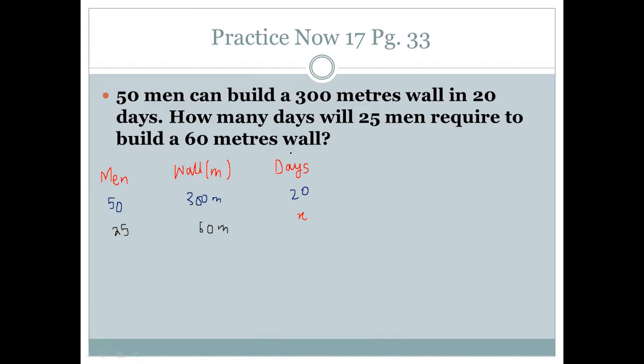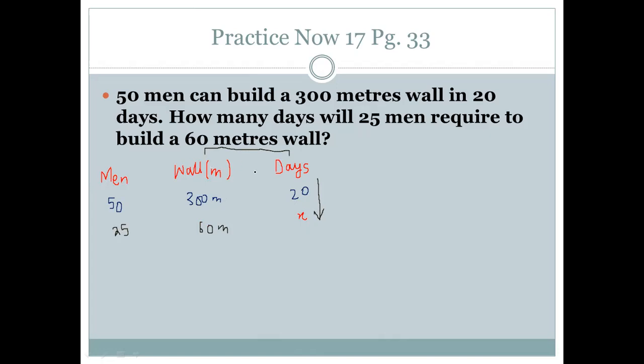Now, first step, I'm going to compare these two quantities. First attempt is that we have to make an arrowhead towards X, towards the unknown, and then make an arrow like this. Now we have to compare these two quantities, these two columns.